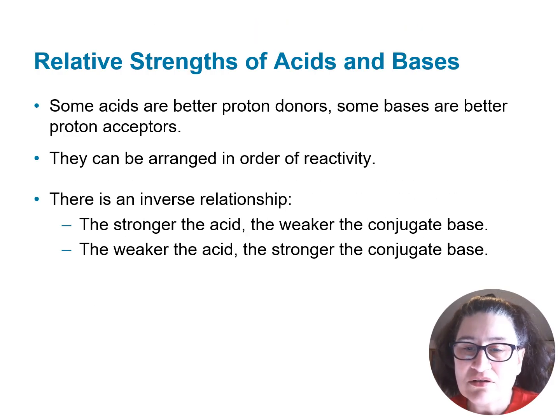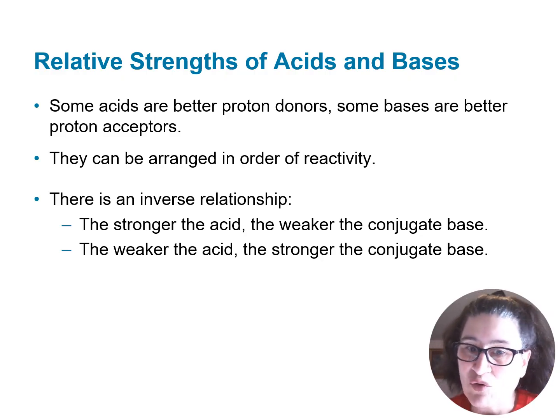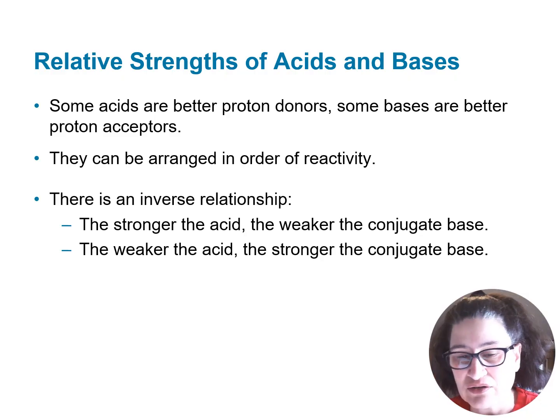Now, some acids are better proton donors, some bases are better proton acceptors, and we can rank them according to their reactivity. There's an inverse relationship, so the stronger the acid, the weaker its conjugate base. So if you have a weak acid, you would form a stronger conjugate base.